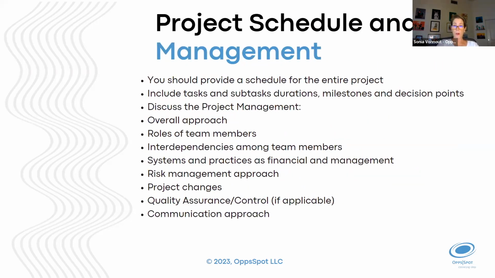So with regards to project schedule and management, make sure you provide a detailed schedule, include all your tasks and subtasks, and you'll have that because if you did a work breakdown structure, you're going to have all those details. Just translate it to a schedule and how you're going to manage it. Make sure that also you know who's doing what, when, and where, right?